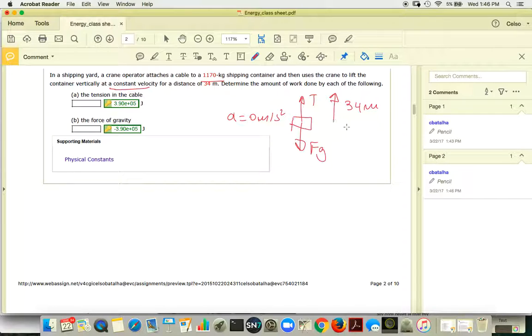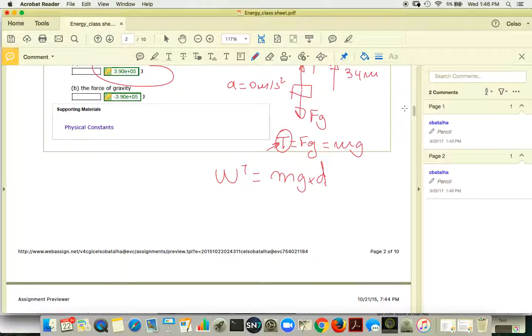Determine the amount of work done by each. The tension is simple: since acceleration is zero, the magnitude of tension equals Fg, which is mg. So the work done by tension is mg times the displacement, and the work done by gravity is negative because of the direction of the gravity force.